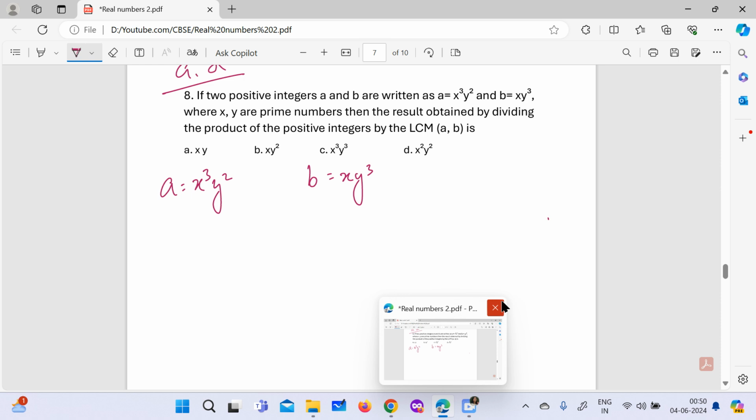So it says x, y are prime numbers, then the result obtained by dividing. Okay, so let's see.